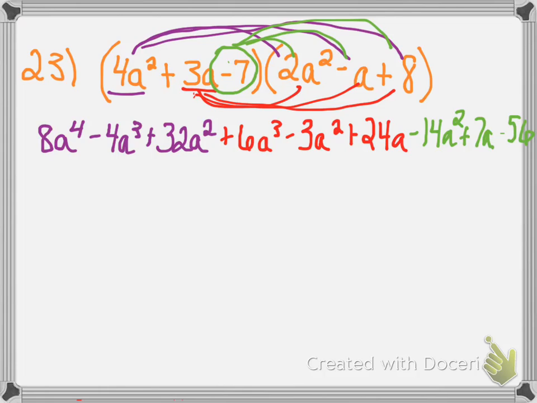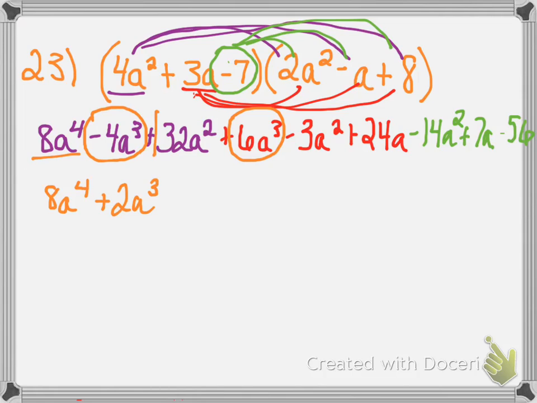After you distribute, this is when you go through and you got to start combining like terms. So first things first, 8a to the fourth doesn't go with anything, so you bring it down. Then negative 4a to the third goes with 6a to the third. So negative 4 plus 6 is positive 2, and then a to the third.